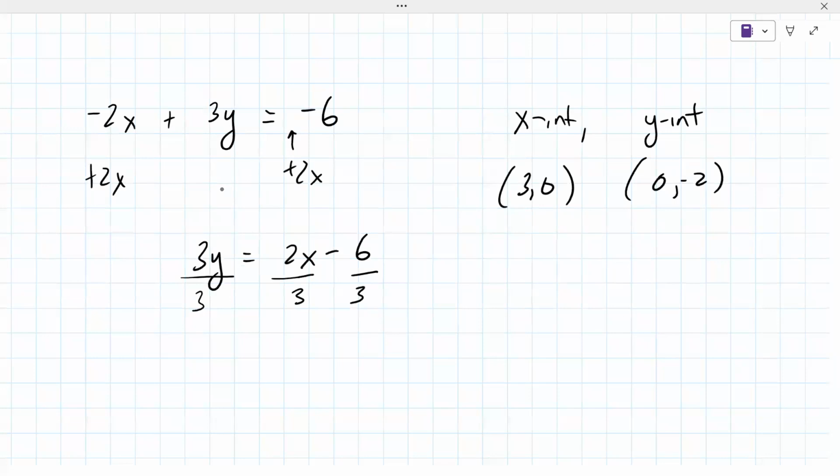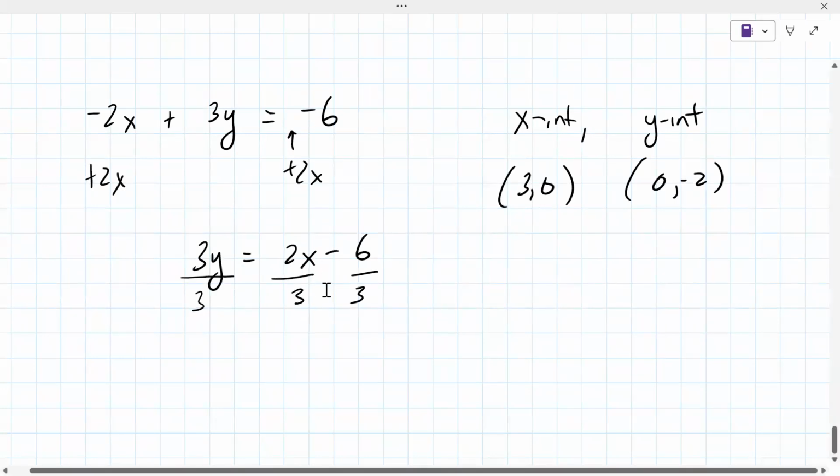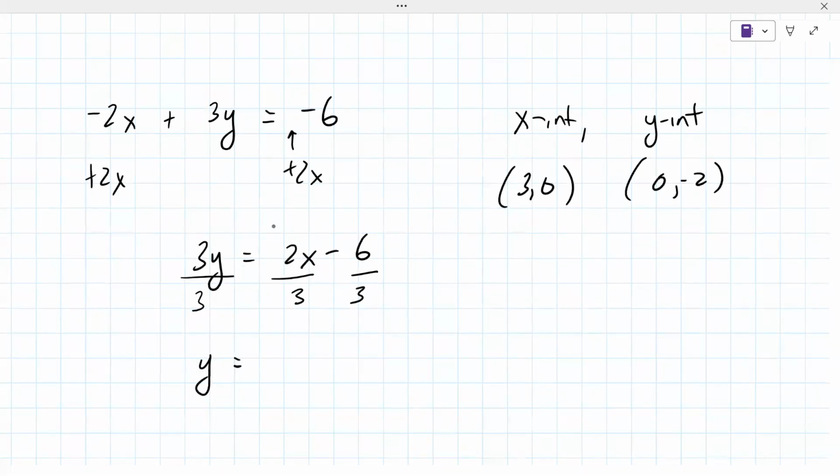Now, in this case, it does not work out perfectly. You get a fraction. That's okay. So I'm going to give you a couple more of those to try, solving for y. Any questions on that?